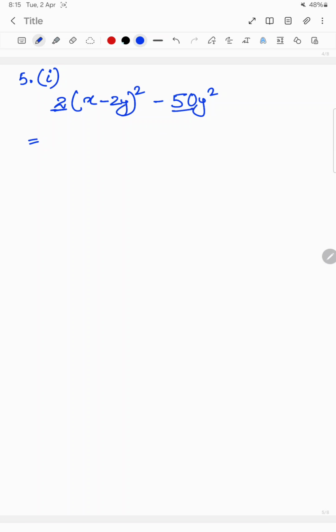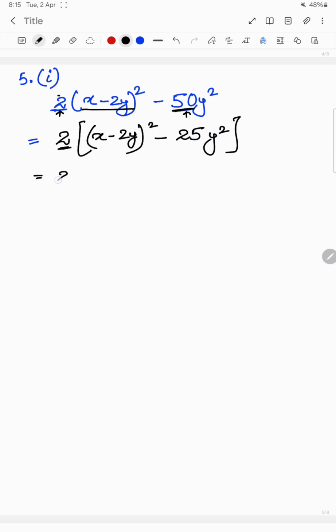But if I take 2 as common here, because I can divide 2 by 2, I can divide 50 by 2. So when I remove this 2, what am I left with within the bracket? I am left with x minus 2y whole square minus, how many times 2 is 50? 25, isn't it? 2 times 25 is 50, and here I have y square.